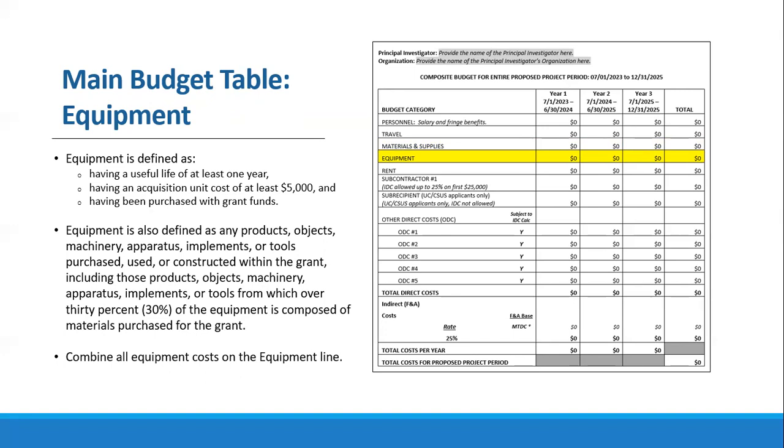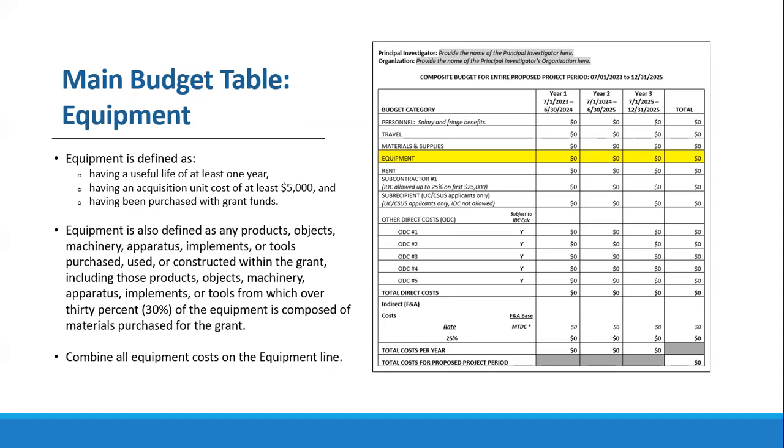That's one portion of it, but there's another definition that is any product, object, machinery, apparatus, implements, or tools purchased, used, or constructed within the grant, including those from which over 30% of the equipment is composed of materials purchased for the grant.